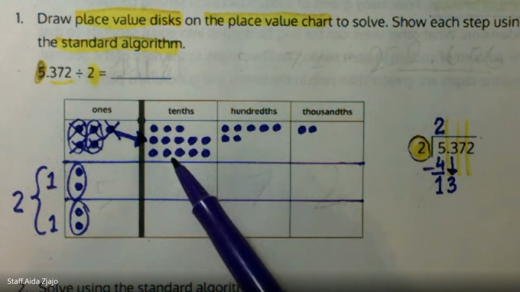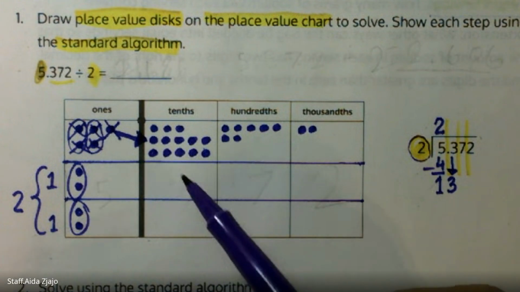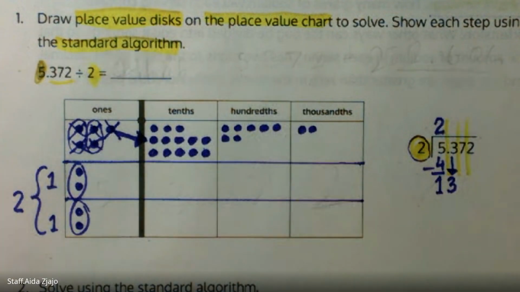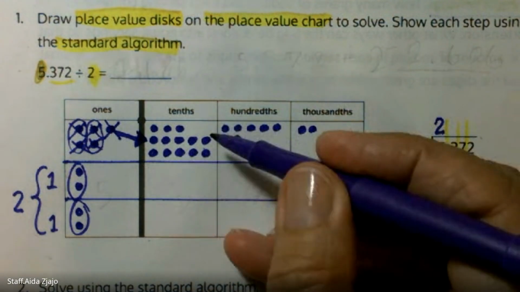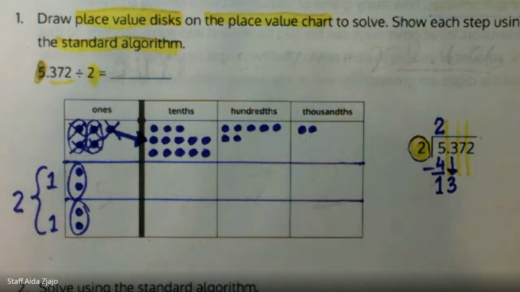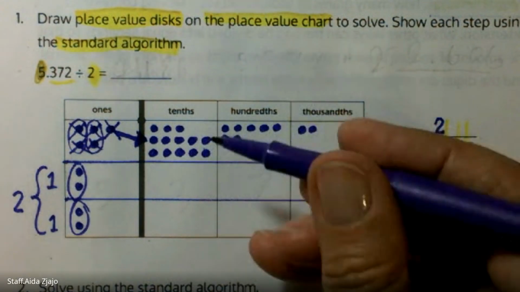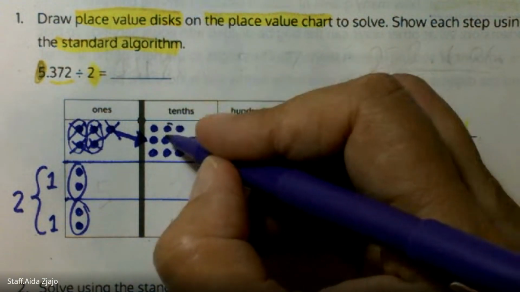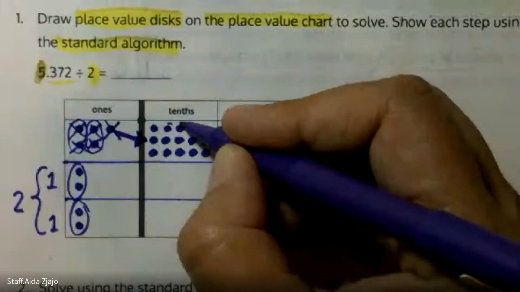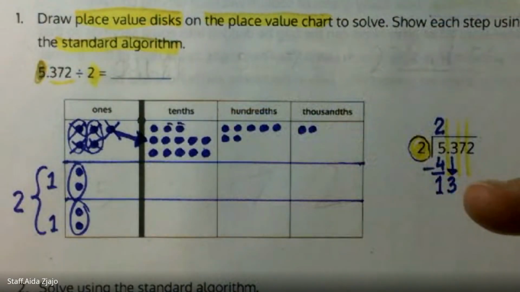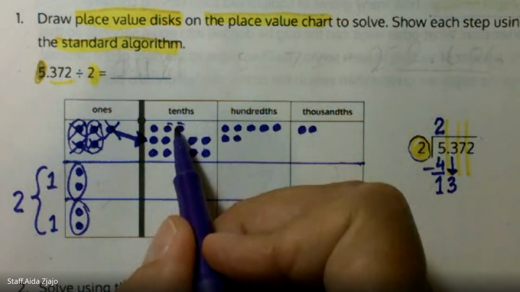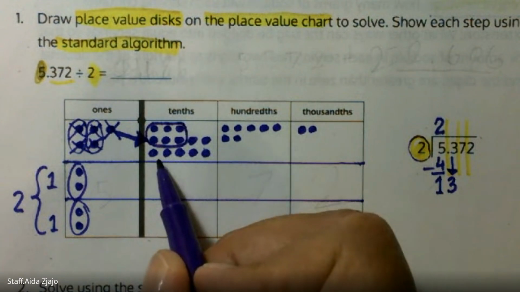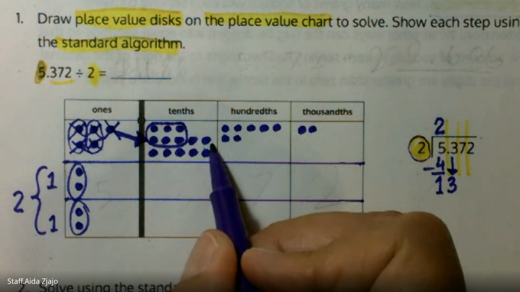Now how can you share 13 tenths equally? You can think, 6 plus 6 is 12, so each group can get 6 and 1 will be extra. So I can make groups of 6. If I take 2, 4, 6, that's 2 times 6, and then I have 1, 2, 3, 4, 5, 6.